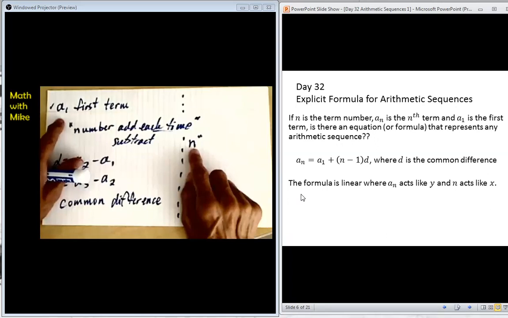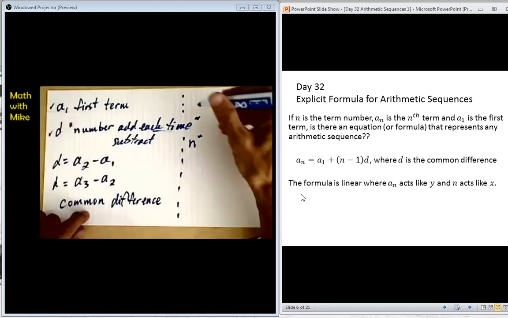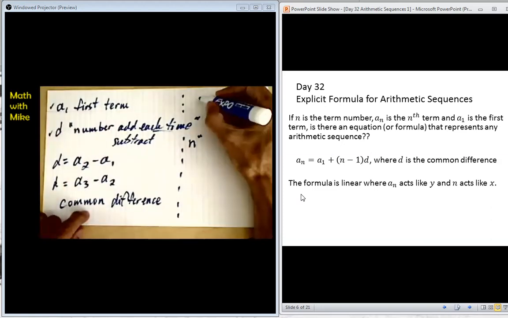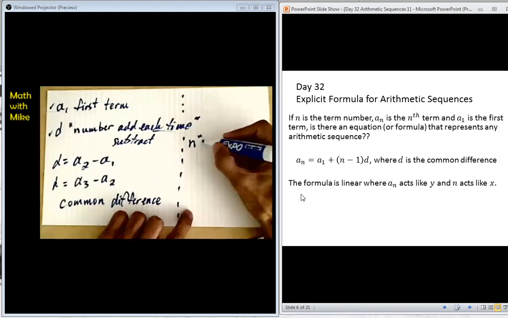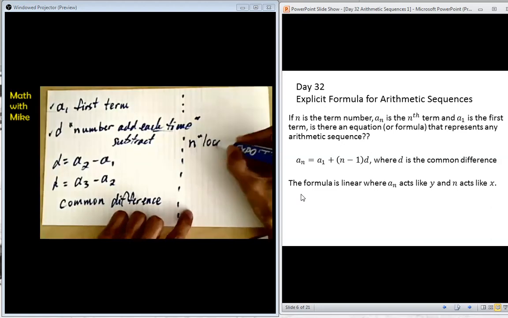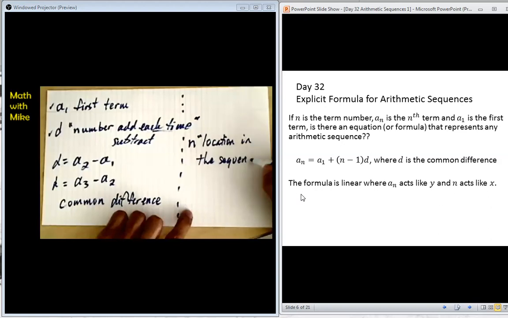So all the way along. So what does AN mean? First, but first, what I don't know. So N on its own, I can help you out. This will be the location in the list. Location in the sequence. Okay.